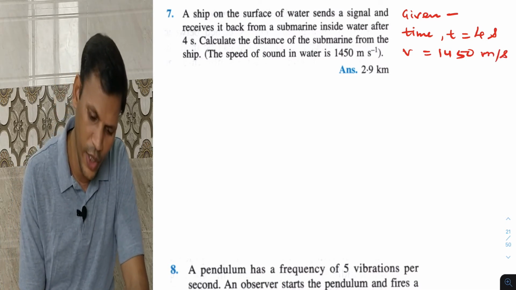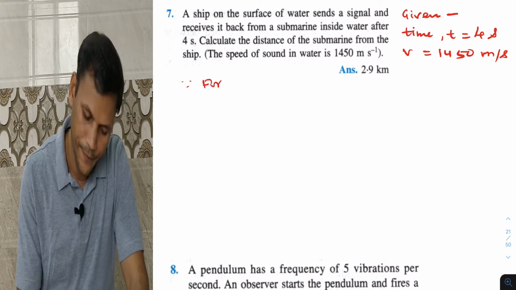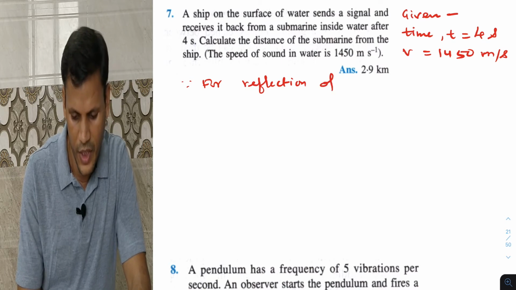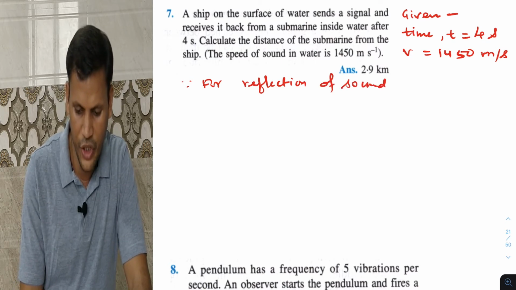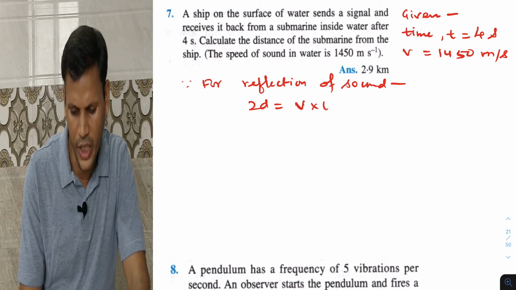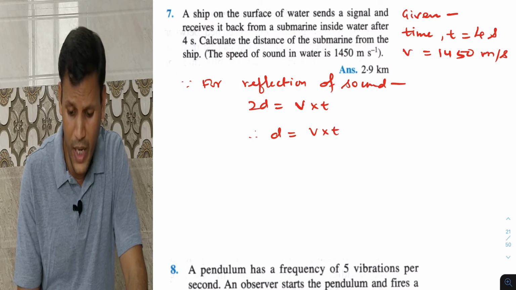We have to calculate distance, so since for reflection of sound 2D is equal to V into T, D will be V into T by 2.